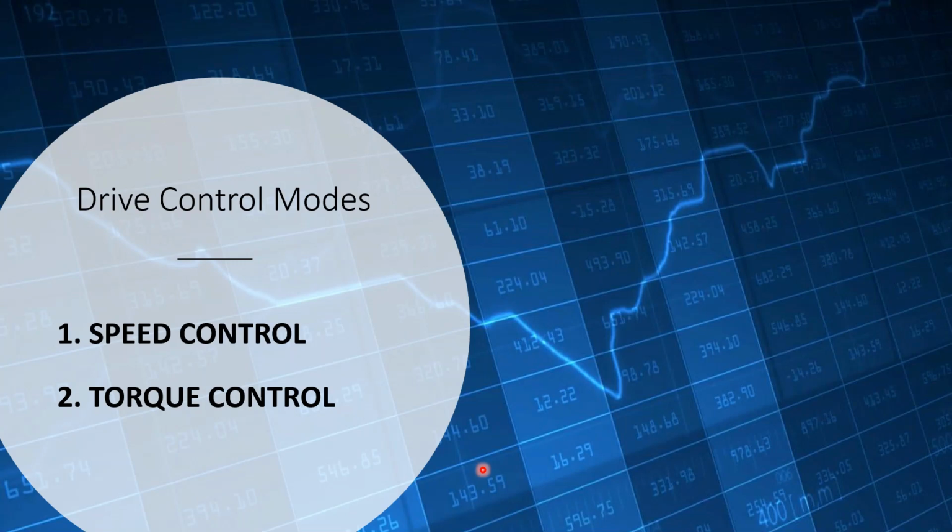I'll repeat for clarity. In speed control, you pass the speed as a reference and the drive will meet that speed that you have passed. In torque control, you give torque as a reference to the drive, and the drive will achieve that torque value whatever you have passed. So in this particular video, we will try to understand in detail how the speed control of a drive works.